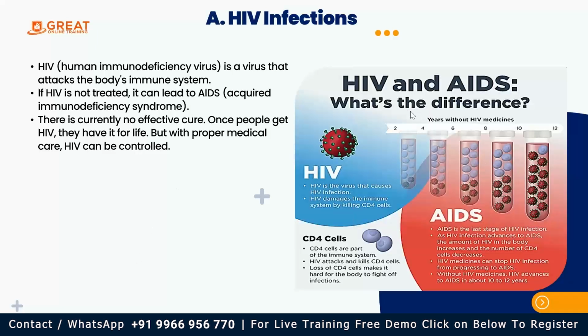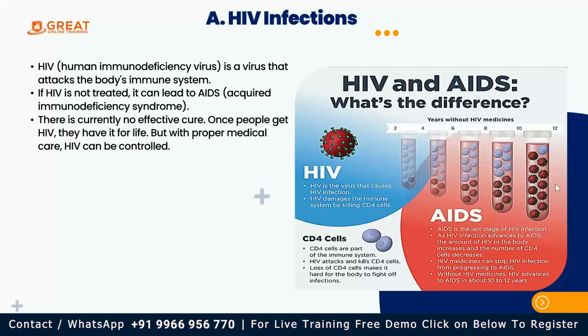HIV and AIDS, you can see the difference here. HIV is the virus that causes HIV infection and damages the immune system by attacking CD4 cells. CD4 cells are part of the immune system. HIV attacks and kills CD4 cells, and loss of CD4 cells makes it hard for the body to fight off infection. In this image, blue are CD4 cells and red is HIV.